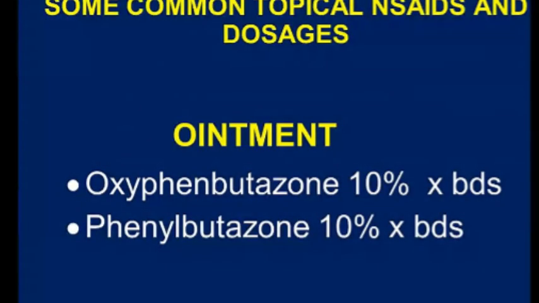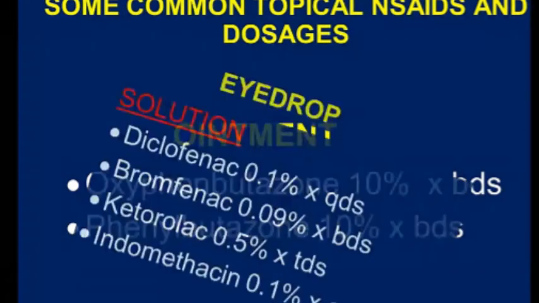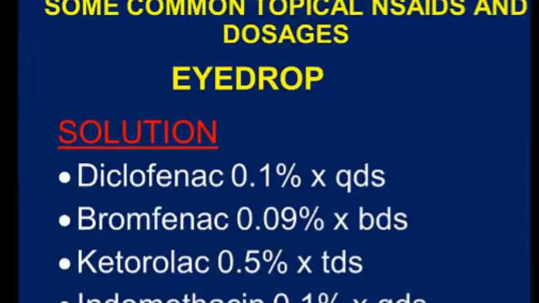So NSAIDs can also be in ointment. Besides being in eye drops, they can also be in ointment. The examples are phenylbutazone and oxyphenbutazone. The eye drops are diclofenac, bromfenac, ketorolac. I've mentioned all these. Some can be used 2 times daily. Bromfenac can be used 2 times daily. Ketorolac 0.5% can be used 3 times daily, and diclofenac can be used 4 times daily.